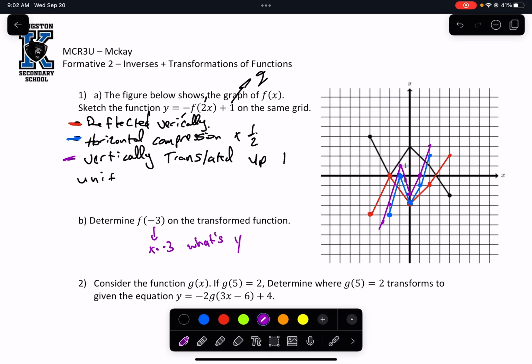We go find -3, 1, 2, 3, and we could probably just assume it's going to be right here. It'd be -5. So f at -3. We don't have to calculate it?